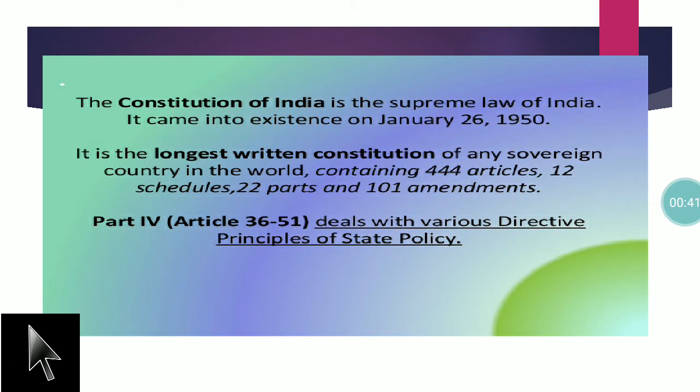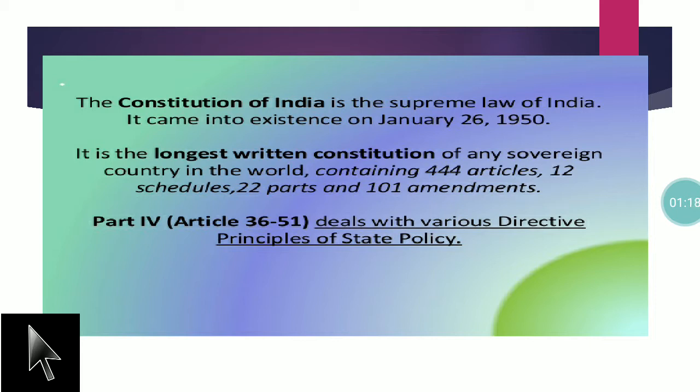The Constitution of India is the supreme law of India. We all know that it came into existence on 26 January 1950, and it is the longest written constitution of any sovereign country in the world. Sovereign means having decision making powers. It has 444 articles, along with 12 schedules and 22 parts, along with 101 amendments.